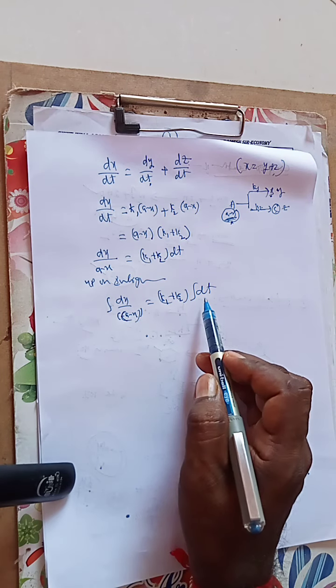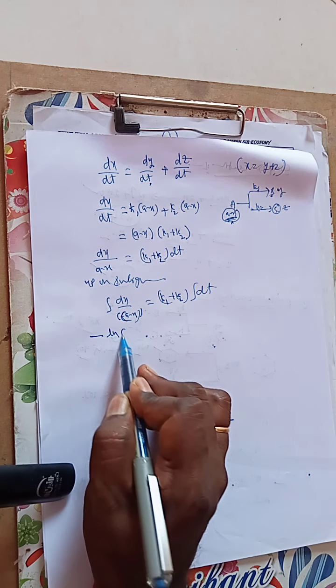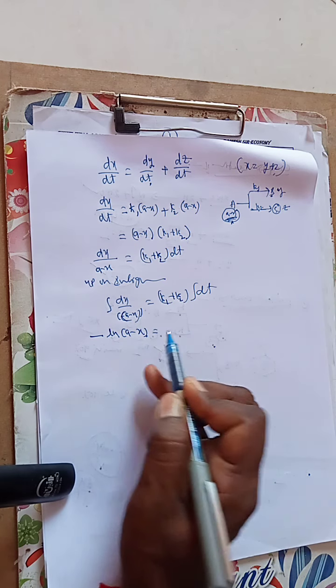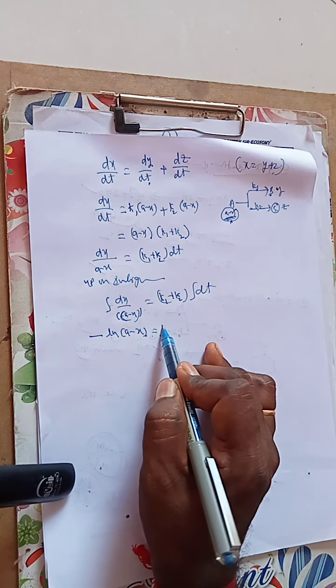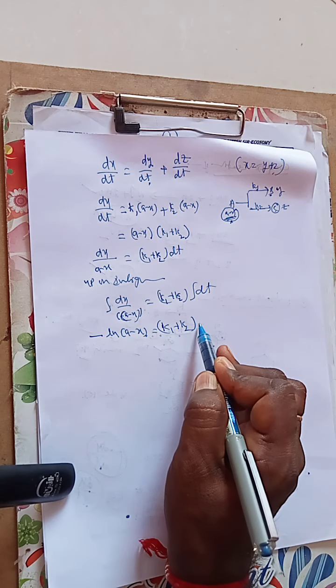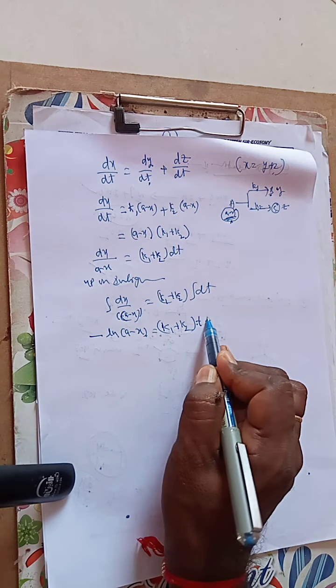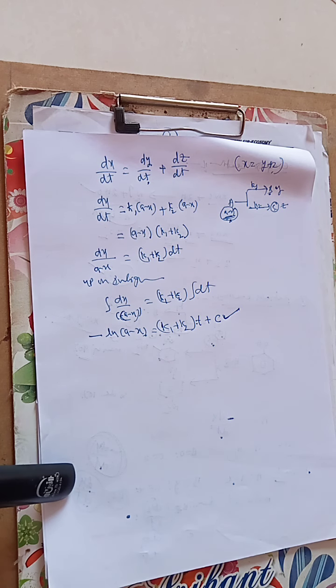Here the integration differentials will be cancelled. This equation we can write as minus ln(A minus x) is equal to (k1 plus k2) t plus C. Upon integration, the equation is written in this manner.